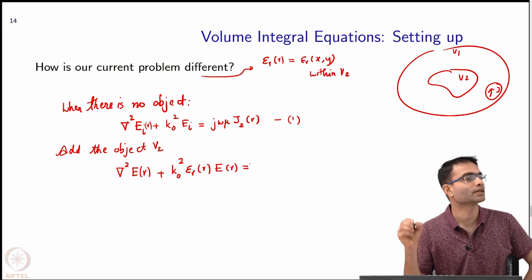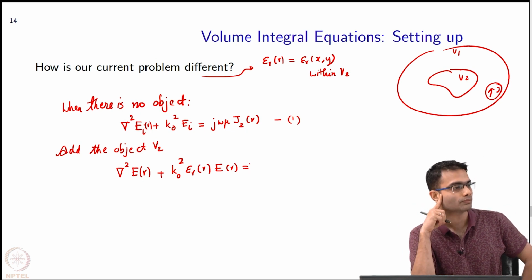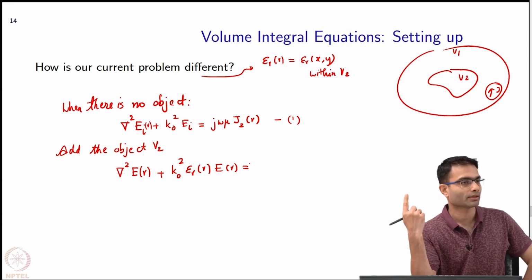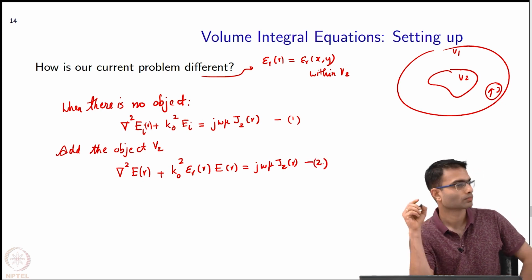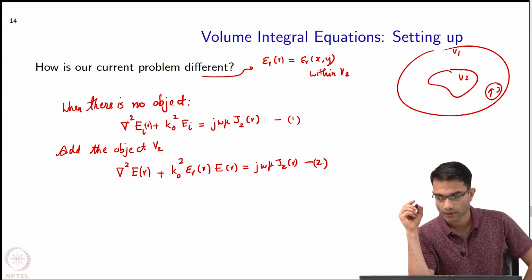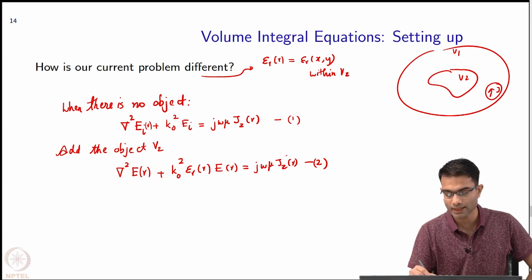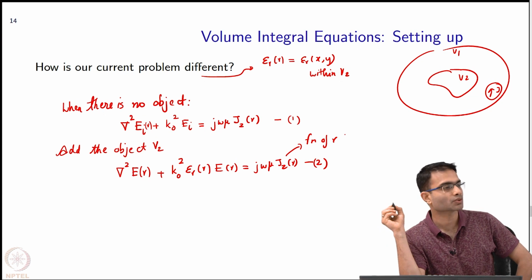What about the right hand side, does it change? No, right, the current source is still there. In V2 it is 0. So even this J is a function of r. So in V2 the current source is 0.